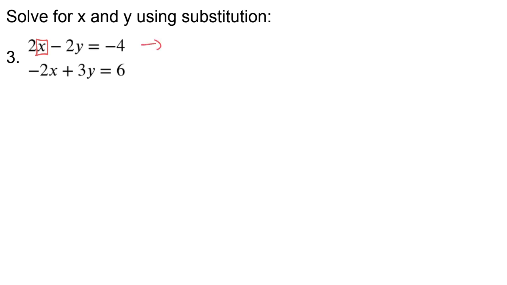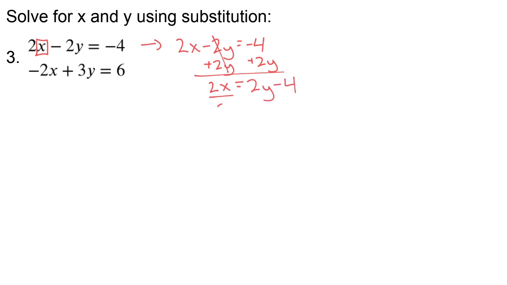So let's rewrite this and move everybody around so that we can get x by itself. I'm going to add the 2y over. So we're going to get 2x equals, now remember those aren't like terms, so just 2y minus 4. But then we got to divide everybody by 2. So that's going to leave me with 1y minus 2.